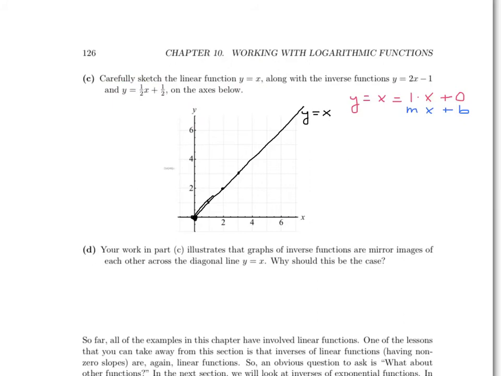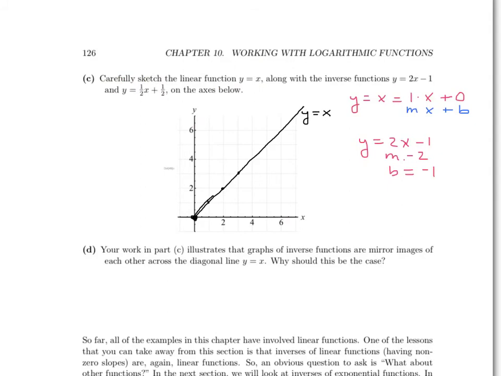2x minus 1 has a slope of 2 and a y-intercept at -1.